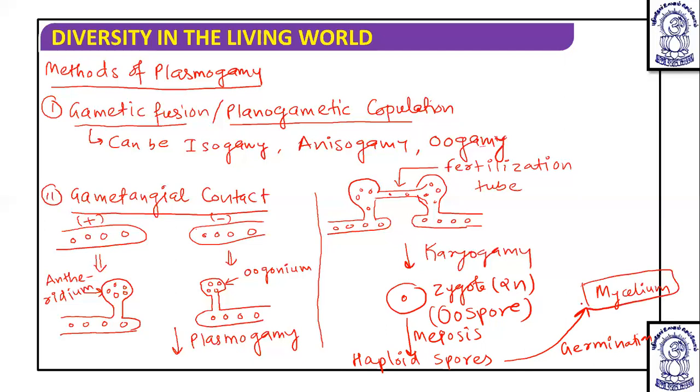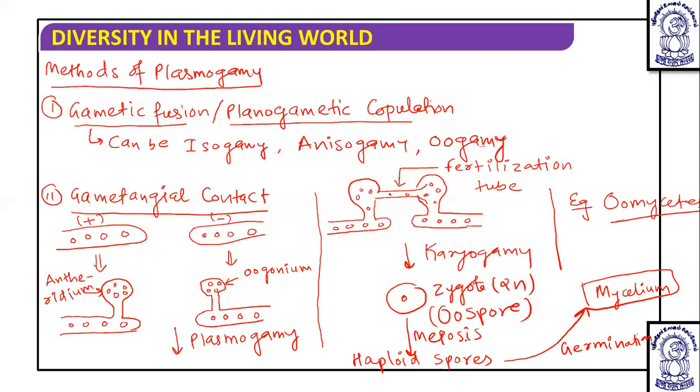Okay, so this way gametangial contact occurs, and it is known that this gametangial contact is found to occur in case of oomycetes. So because of this, we can say these oospores are also produced in case of oomycetes, that is a lower fungi.